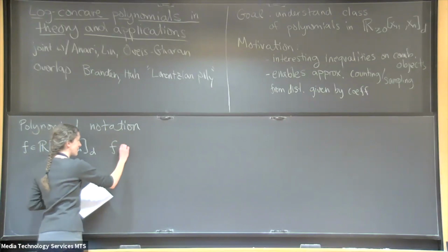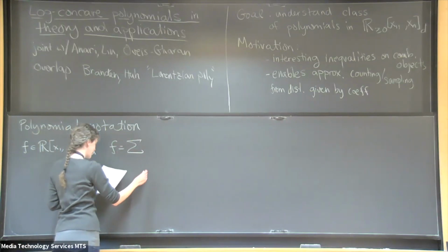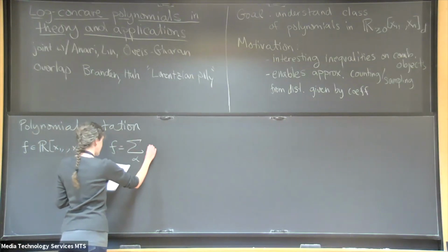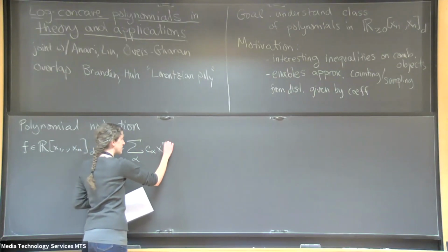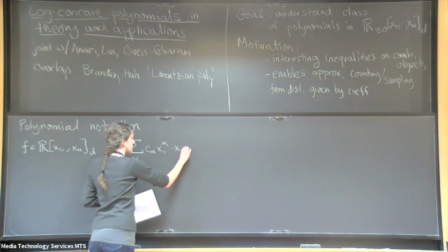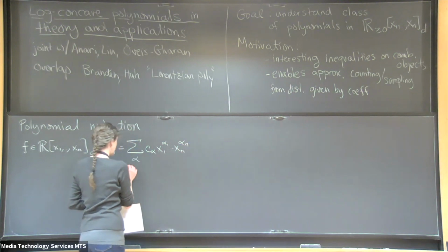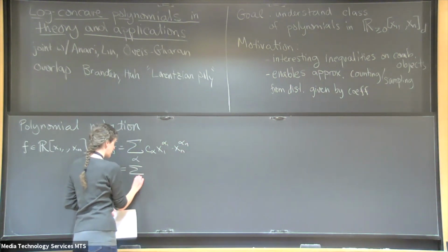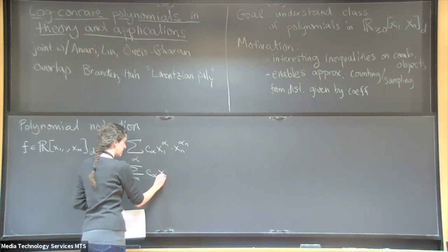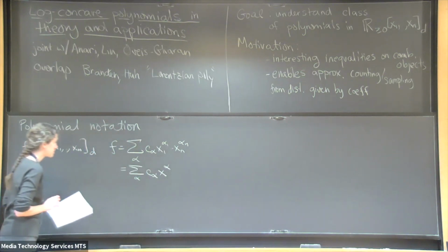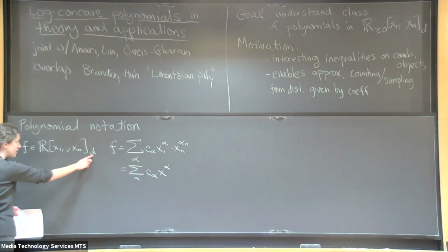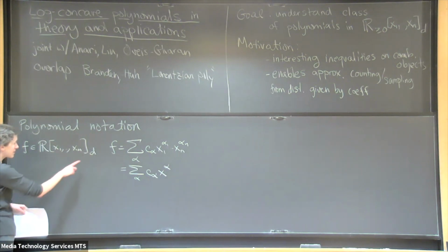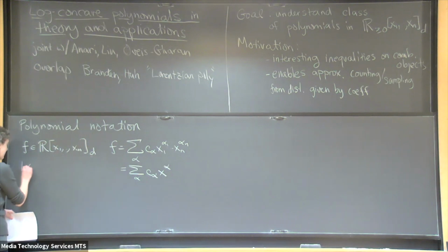This means I can write it as a real linear combination of monomials, which I'm just going to index, with c alpha for the real coefficient, which I will often shorten as just c alpha x to the alpha. And we use this to denote polynomials that are homogeneous of degree d. So that means that the sum of all the exponents that appear is d.